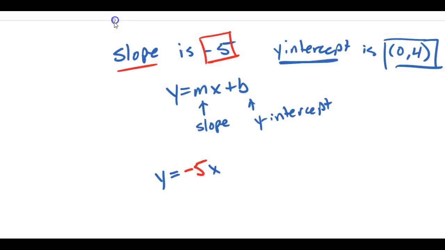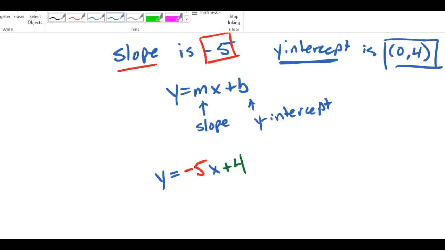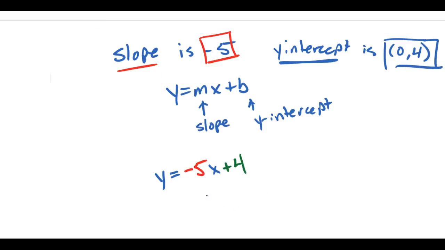So since it's a +4, I put +4. And there's my linear equation. The equation is y is equal to -5x plus 4. Okay? That's all you got to do, is plug in the numbers where the variable should go. So this is where m goes, and this is where b goes.